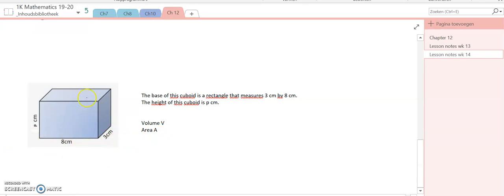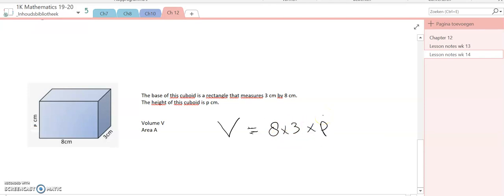How can you calculate the volume of a cuboid? First you need to know the area of the base, and then you multiply that with the height. For volume, we use the letter V, the variable, and then you do the base times the height. So 8 times 3, that's the base, times p.